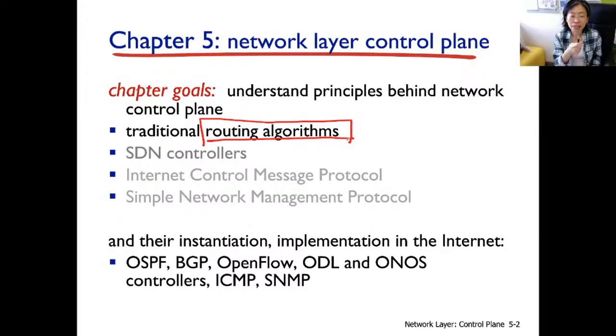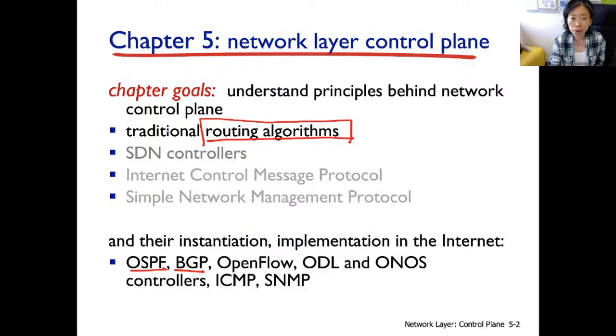That is the magic of the routing algorithms. These two general routing algorithms will be implemented on the internet as two routing protocols, OSPF and BGP. We'll talk about these routing protocols later after we finish describing the general algorithm.